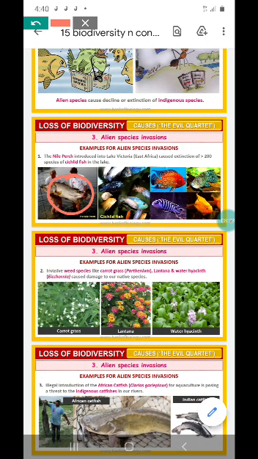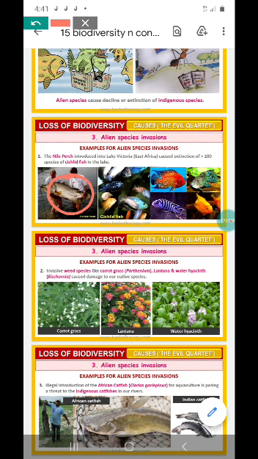Water hyacinth is the one which was introduced from Africa, I think, and it has completely taken over our pond ecosystem, not allowing other plants of the ponds to grow, as well as destroying the animals of those lakes. Okay, so which are these examples? Carrot grass, which is Parthenium, Lantana camara, and water hyacinth. All these are introduced from some other country.